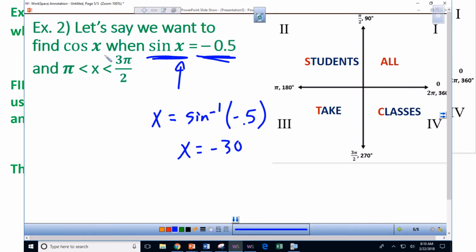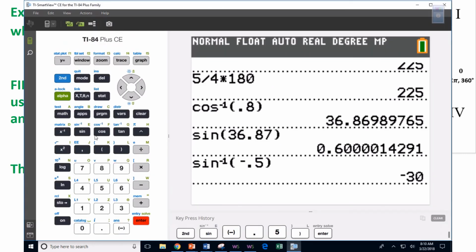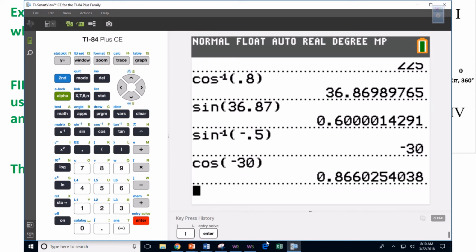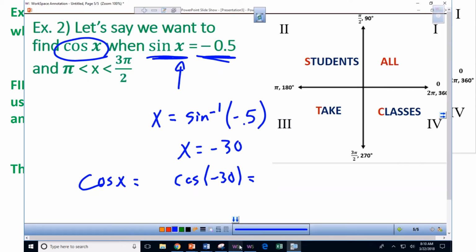Then we're going to plug that into cosine of x. So cosine of x is now equal to cosine of negative 30. And then we end up getting, let's see what we get. Cosine of negative 30. I got 0.87, or around 0.87.